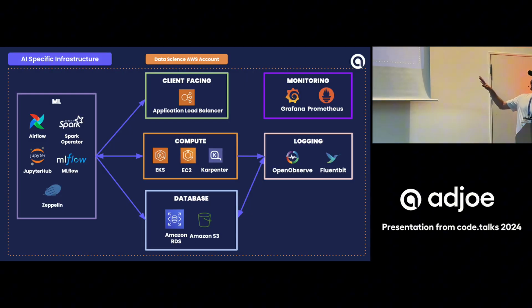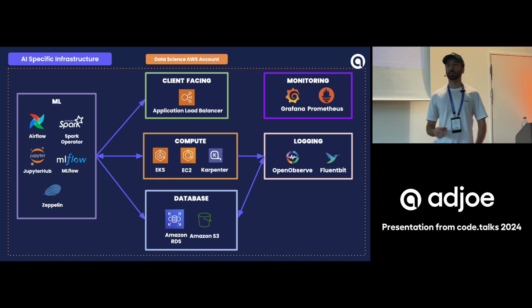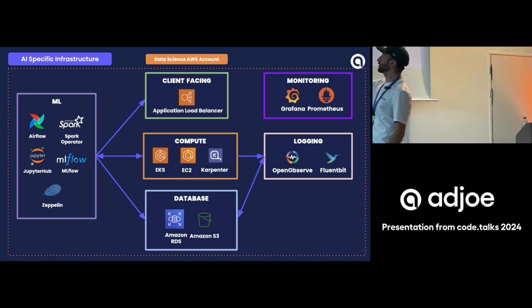Our end goal is to build something like this. So we will still have a client-facing side. This will enable our data scientists to connect to different web interfaces for different open source projects that you see on the left side on machine learning and also on the right side monitoring and logging.